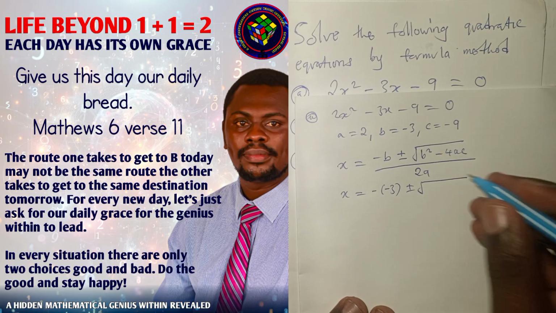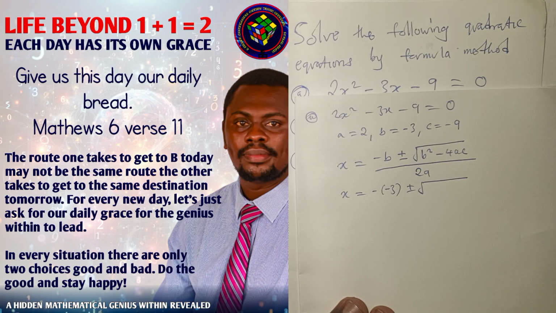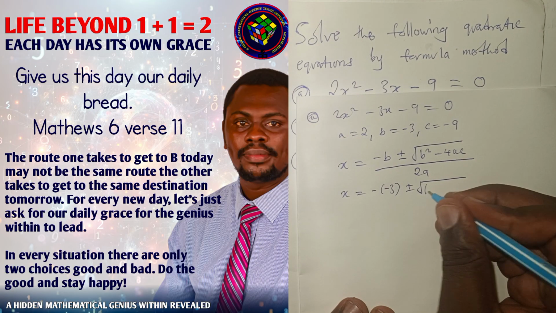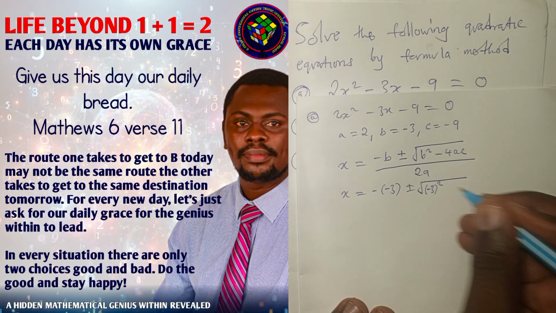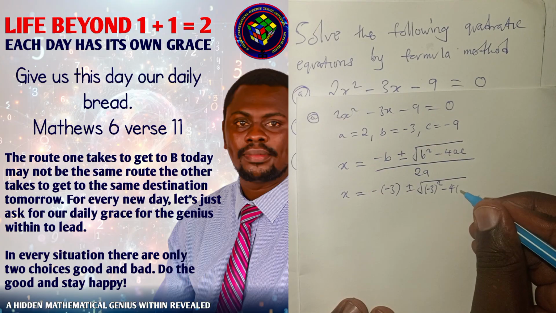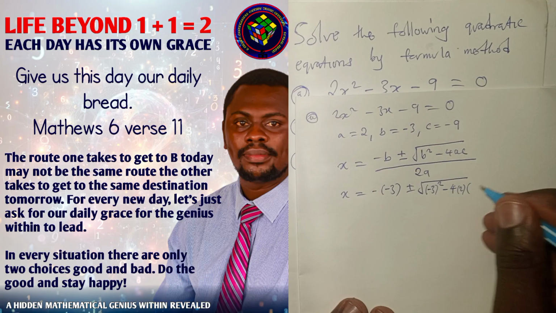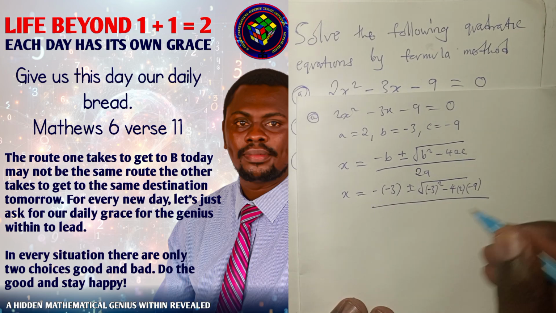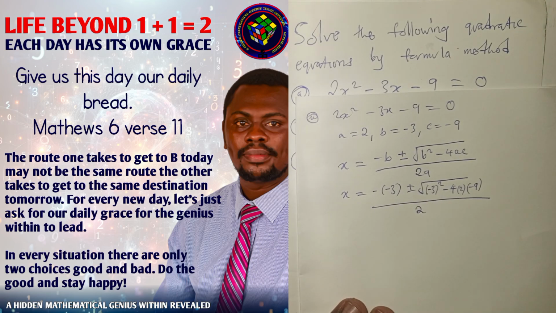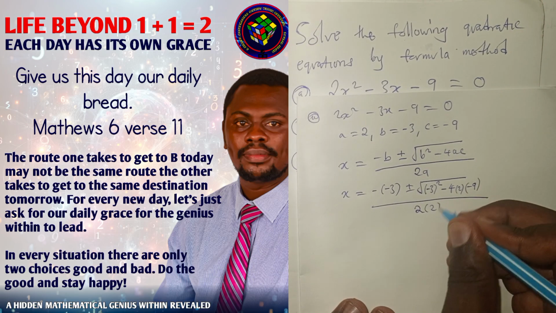Then b is negative 3 and we are squaring it, so we need to put it in brackets. So we have minus 3 squared, minus 4, then a, that is 2, then c, that is minus 9. Then all over 2 times a, and a is 2.